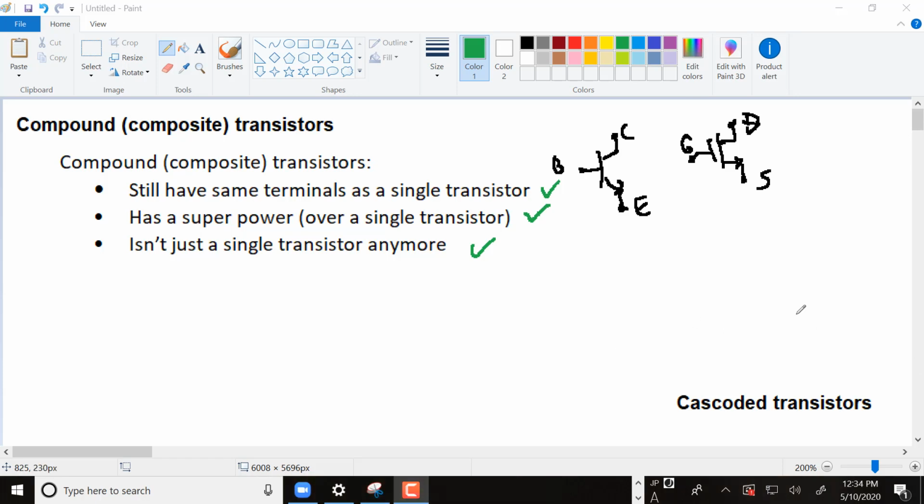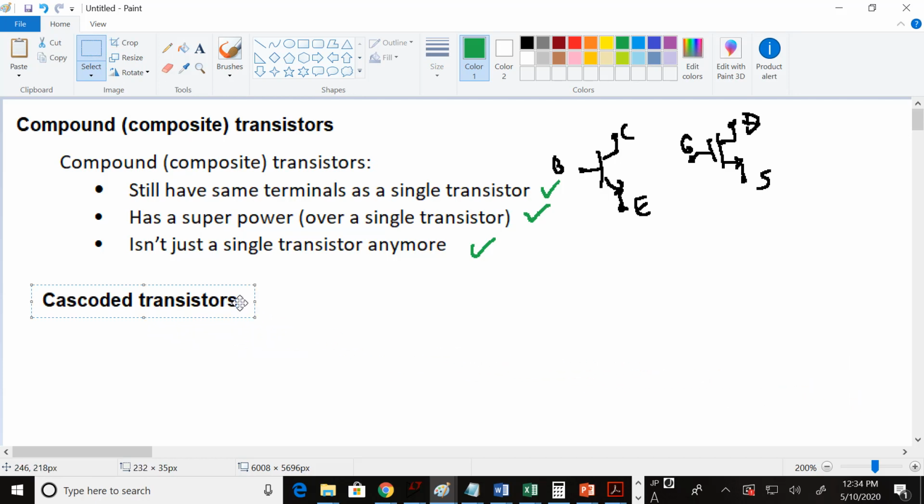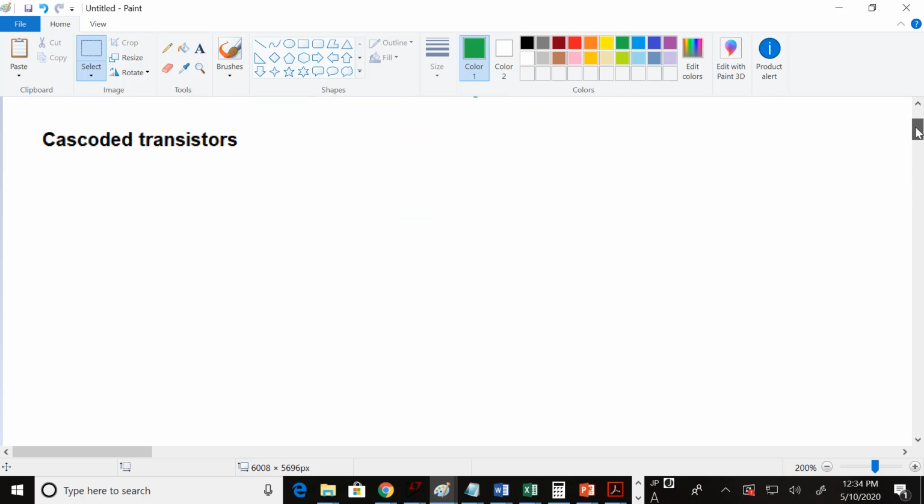Okay, so let's look at our first compound transistor. Those are cascoded transistors. A cascoded transistor has two transistors of the same type. So if it's an NMOS, it'll be two NMOS on top of each other.